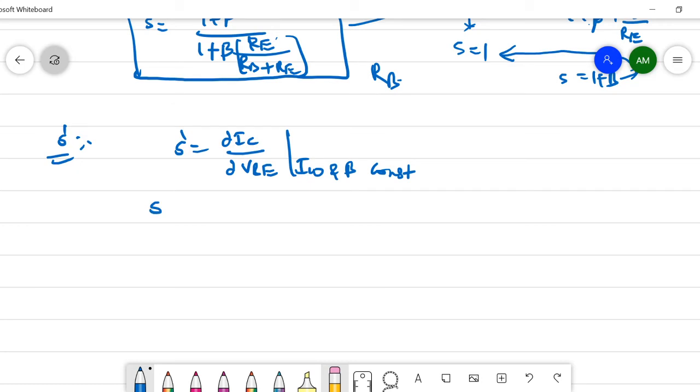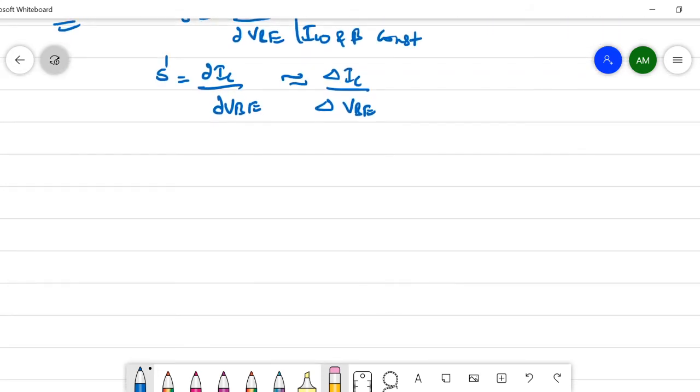So S dash is nothing but dou IC by dou VBE, that is delta IC by delta VBE when ICO and beta are constant. From the circuit diagram, Thevenin's voltage VT is equal to IB RB plus VBE plus IE RE.